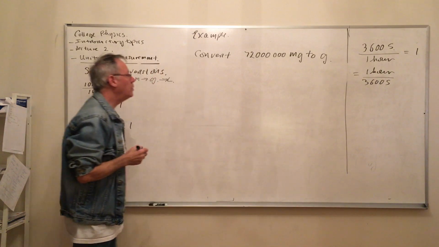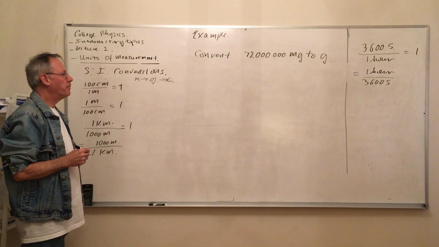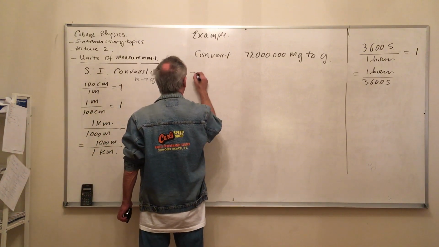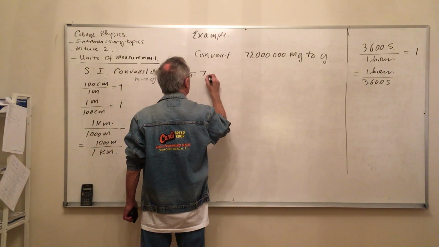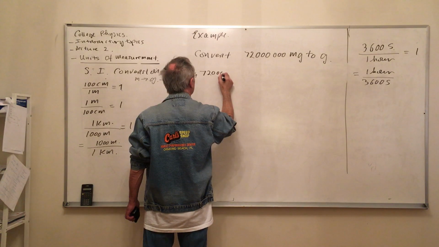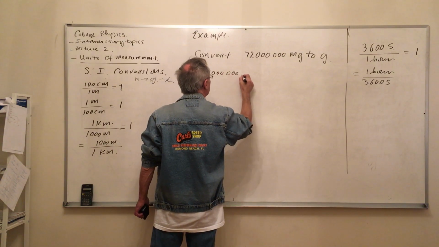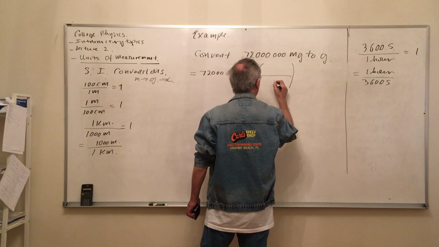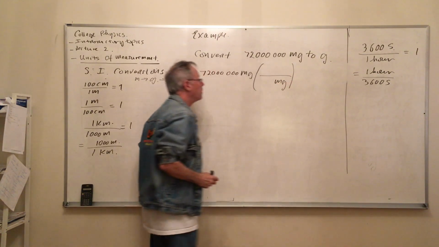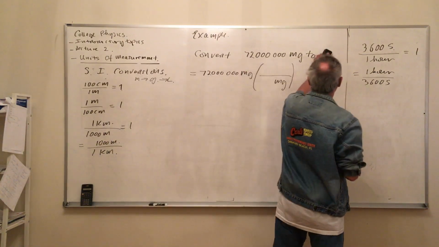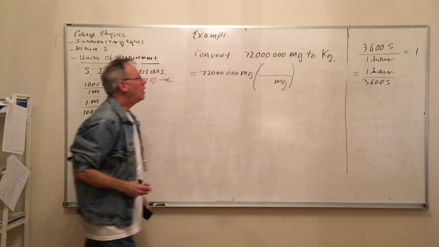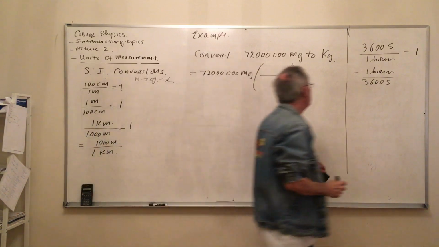Convert 72 million milligrams to grams. Actually, I'll say to kilograms. Okay, so we need a unit factor to get rid of the milligrams.